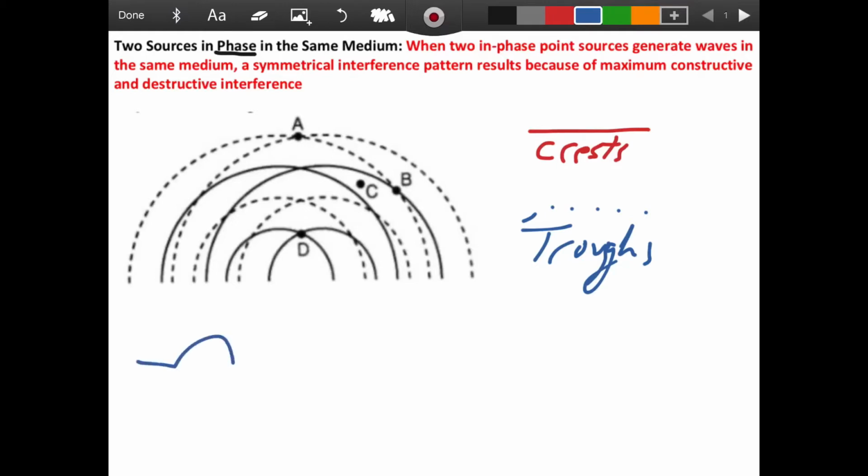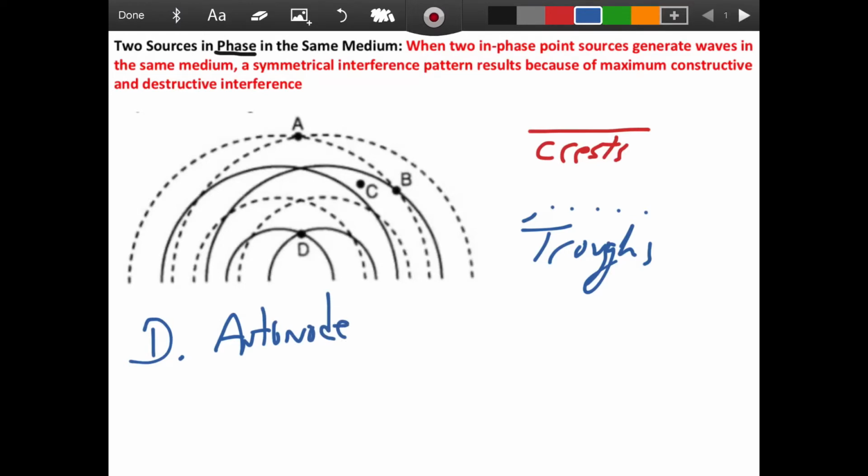So you could picture two wave pulses traveling at each other. When those interfere, they're going to constructively interfere and create a large wave pattern. So what we need to do is recognize that D, since it's constructive interference, that would be an antinode.